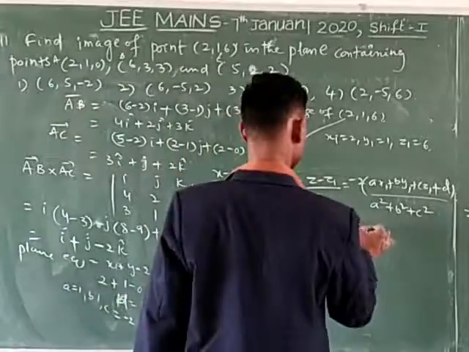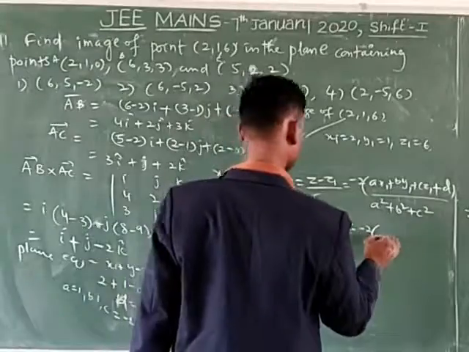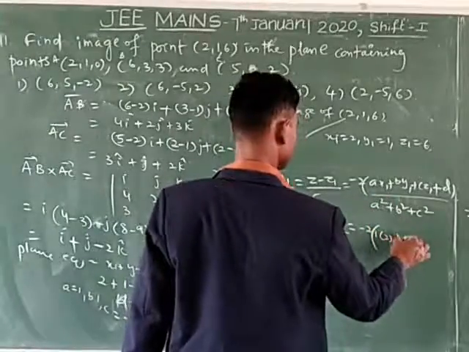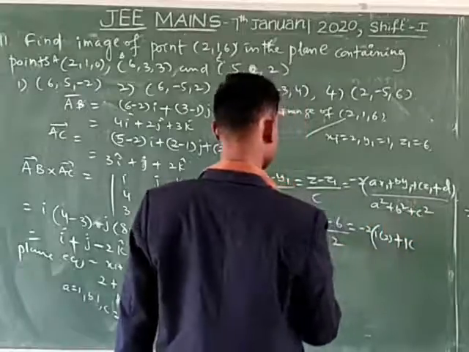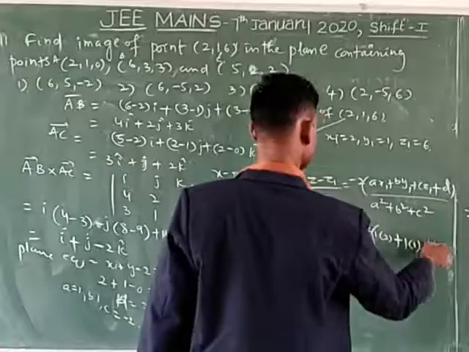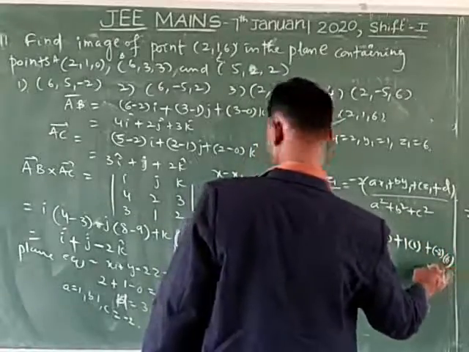Minus 2 times a x1, a is equal to 1 into x1 is equal to 2, plus b is equal to 1 and y1 also 1, plus c is equal to minus 2 into z1 is equal to 6, plus d.